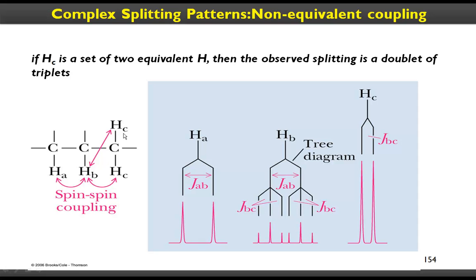These two nuclei would split them in three ways, n+1 rule, right? So the n+1 rule can be applied to these two, but you cannot combine this also. You have to apply the n+1 rule for each set of them and then assign them. So these two nuclei would split in three ways, so you have a triplet. This is called a doublet of a triplet. Triplet of a doublet. This is a doublet and that's converted into a triplet. So this is called a triplet of a doublet.